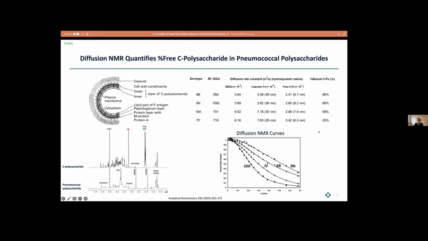Also there are ambiguities in size exclusion chromatography, where you have to cut which belongs to the free and which belongs to the bound. Sometimes it is well resolved, sometimes there is overlap. So definitely NMR shows the advantage for this kind of application.